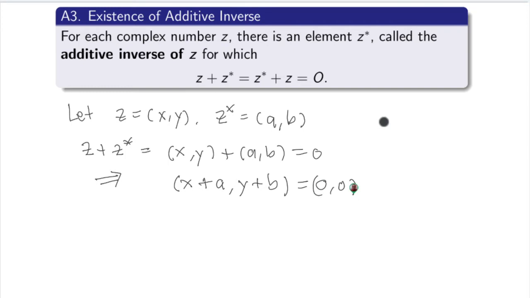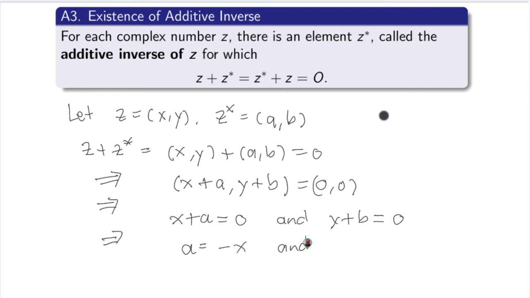So that implies that the real part x plus a must be equal to 0 and the imaginary part y plus b must also be equal to 0. These are now two equations in real numbers. So that means we have a equals the negative of x and b equals the negative of y. So that means the complex number C star is simply the complex number negative x, negative y.